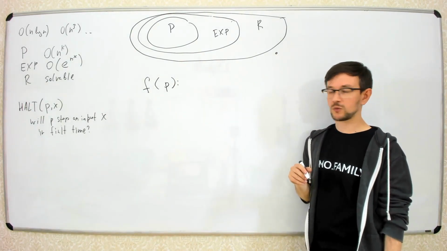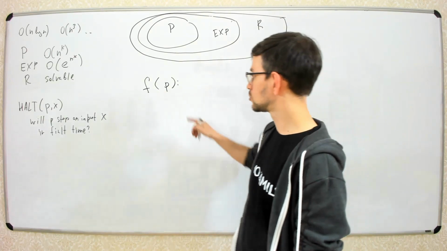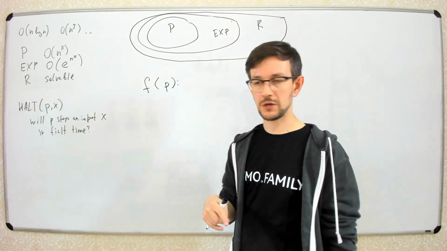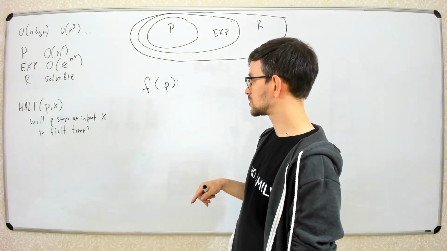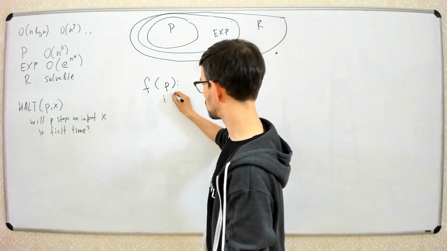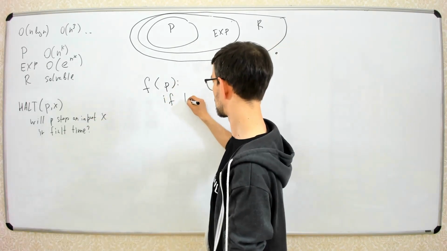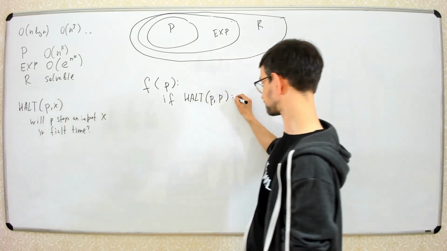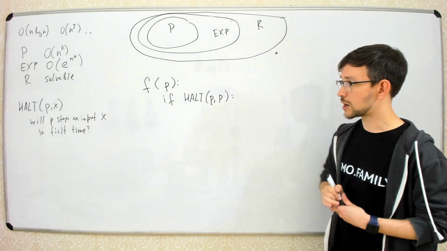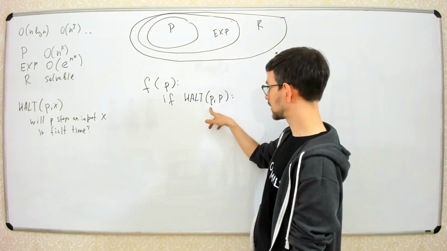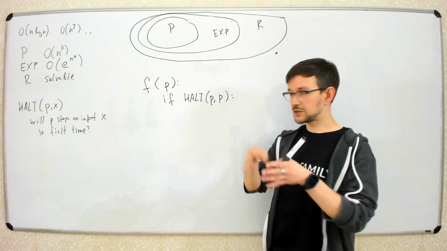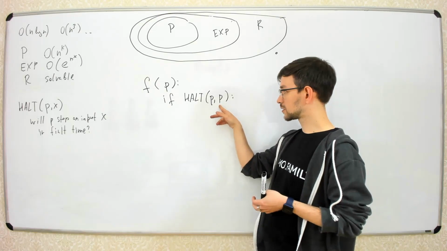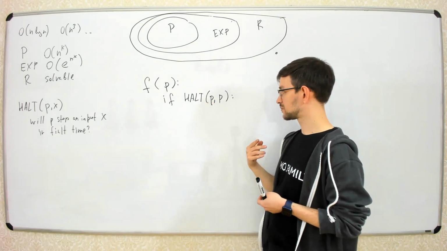This program does the following. You take one argument p, and you call halt with parameters p and p. Basically, you check if you give this program its own code as an argument, will it stop or not?